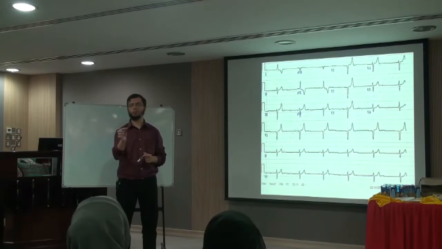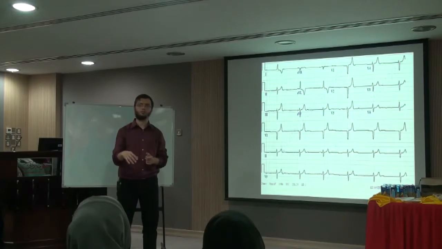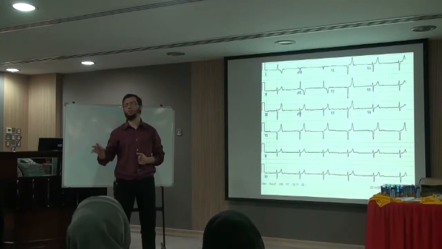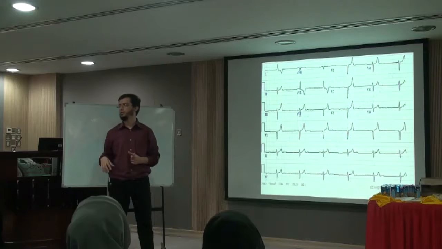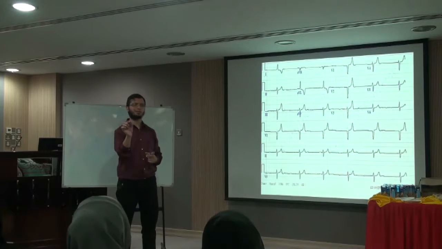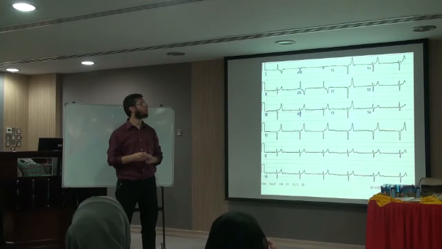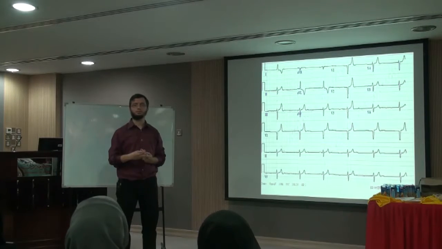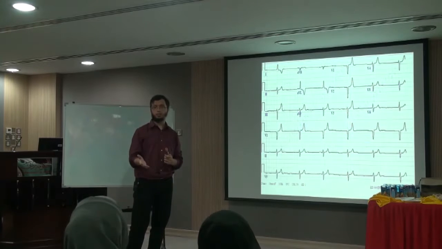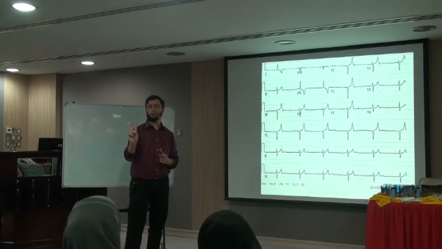If it is between 2 and 3, some people say it is wide but not complete. That's why you sometimes hear incomplete LBBB. So if the complex is a little wide, 2 to 3, we call it incomplete wide. It is within the normal. So that's why we are saying 2 points.